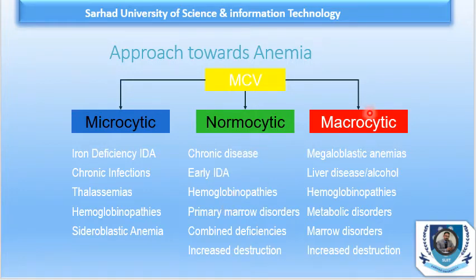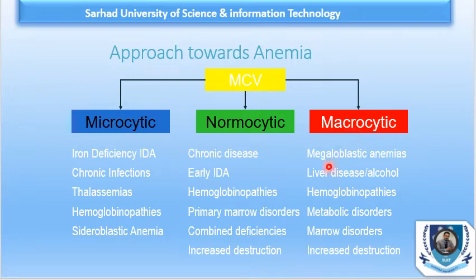And if MCV is higher than normal, the normal range for MCV is 80 to 100, and if this value is above 100, then we call it macrocytic anemia, along with the peripheral smear, because in the peripheral smear we will see some macrocytes.